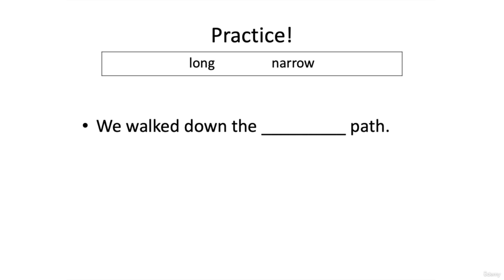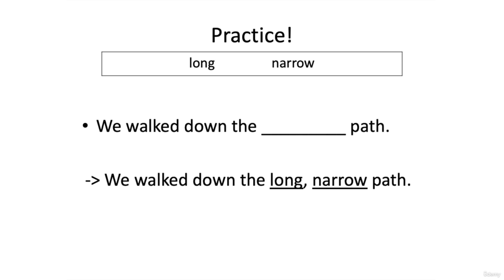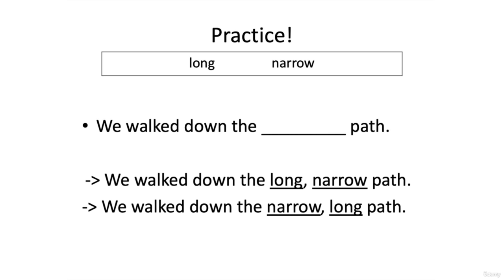We walked down the long, narrow path. Or, we walked down the narrow, long path. Both the adjectives long and narrow describe the size or measurement of the path.